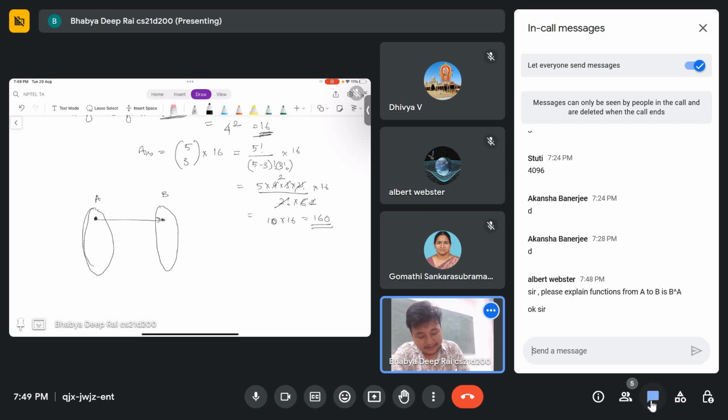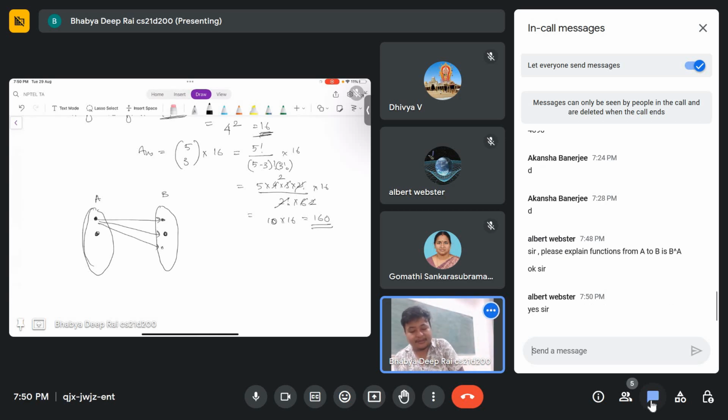Two elements from A can map to the same value, but two elements from B cannot map from the same value. Something like this cannot happen. A function cannot give you two outputs or three outputs, right?